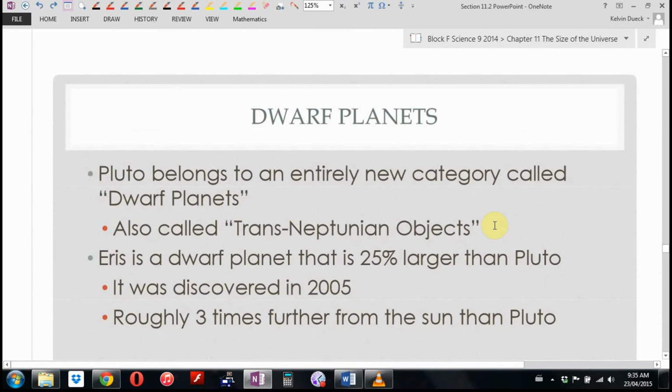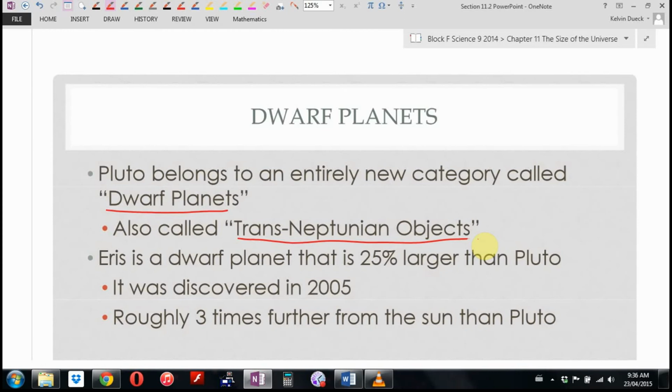Pluto belongs to an entire new category called dwarf planets, also called trans-Neptunian objects. Trans, beyond; Neptunian, Neptune. Stuff out past Neptune. For example, and I didn't include this in your notes because this is nerd trivia, Eris is a dwarf planet, and it's actually 25% bigger than Pluto.